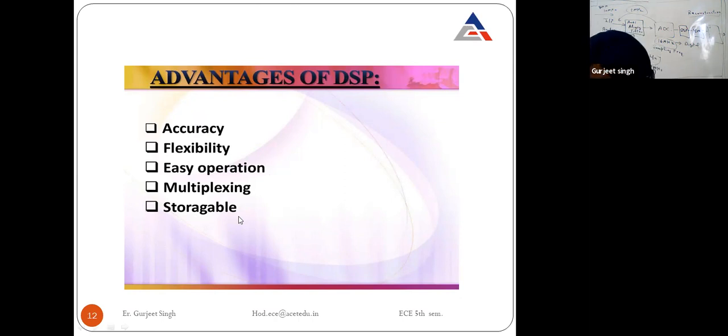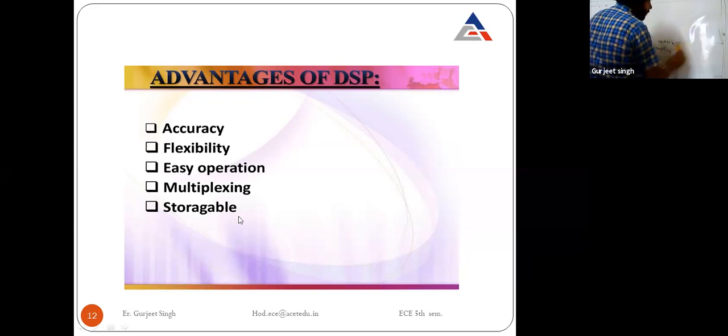First of all, we can say that the DSP, digital signal processor, is versatile, as compared to the analog signal processor. This is the first advantage of the DSP processor.